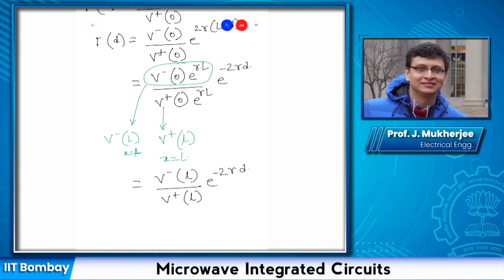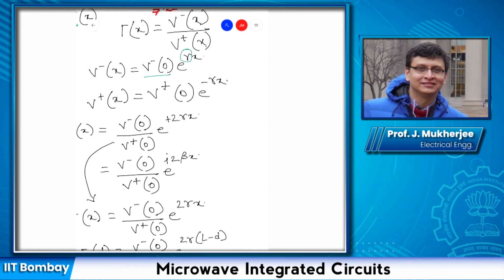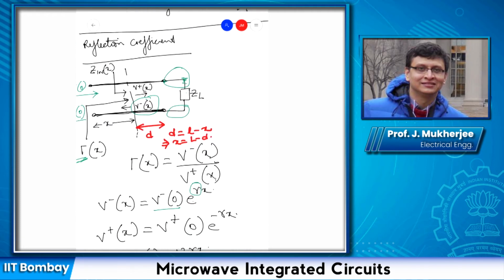Okay. So now this is the value of the amplitude of the wave traveling in the negative x direction at the load end. So it's here.